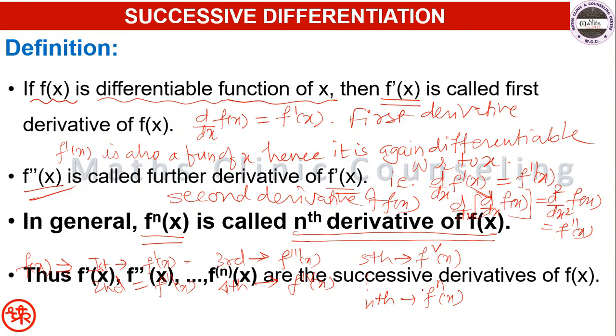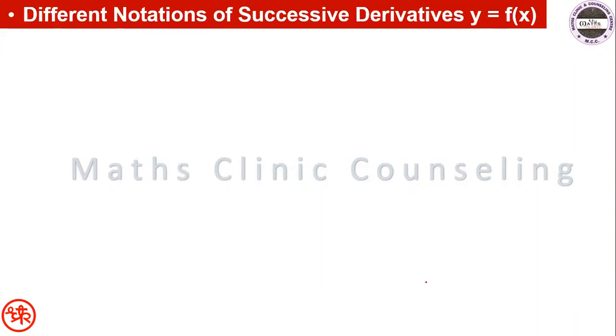Is that clear? So let us see different notations of successive derivative. Okay. So let us start. y is equal to f of x. Differentiating both sides with respect to x, we get d/dx of y is equal to d/dx of f of x.